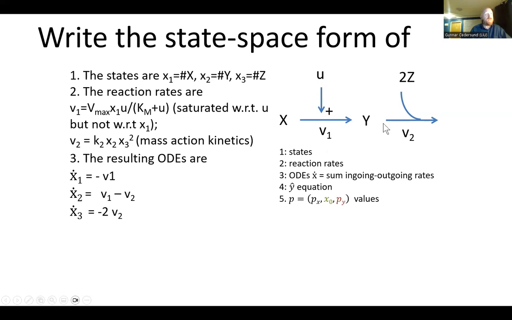And it's just stoichiometric coefficient 1 all the time for Y. But for Z, there is again a 2 that appears. And here it appears as 2 times, because each time the reaction flows, there are 2 Z molecules that are consumed. So the rate of change of Z is twice the rate of the individual reaction.